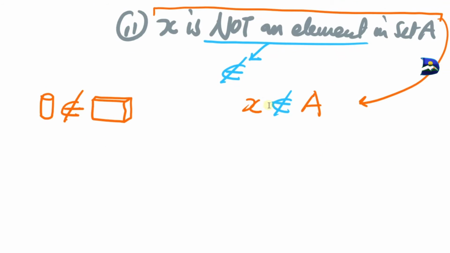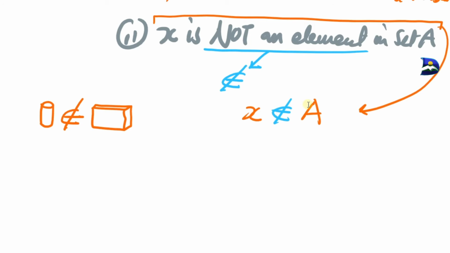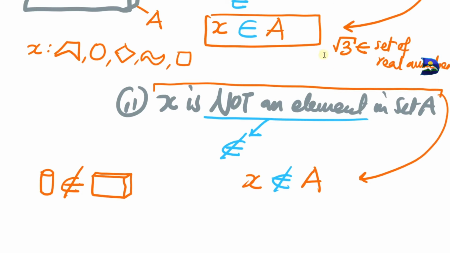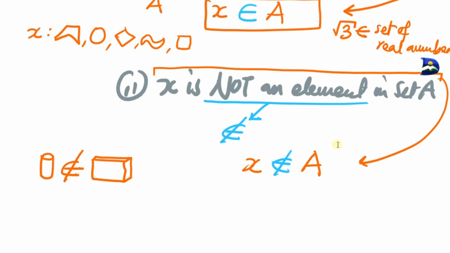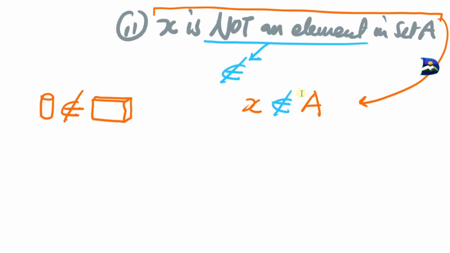Now, for the other part, we need to find a different category for A, so we can see how the square root of 3 is not an element. To do that, all we have to do is think about how the square root of 3 is looked at, based on how we create rational and irrational numbers.